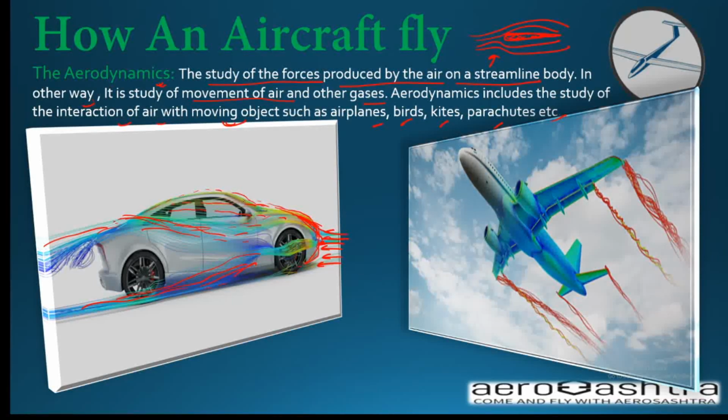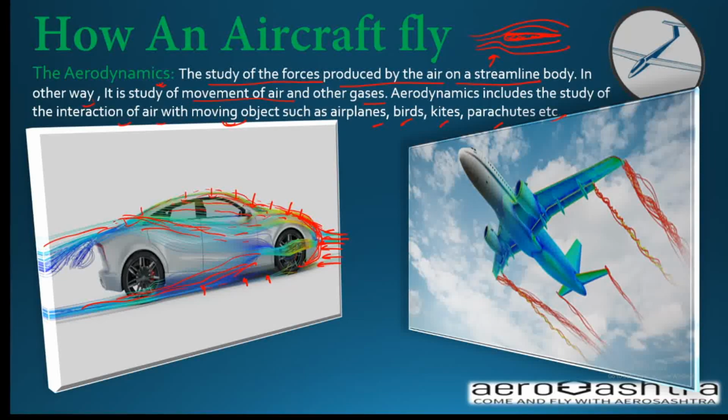Here you can pay attention. If the nose is like this, the flow will be very near to the surface. All the air flow is attached to the upper surface of the car, so it produces some forces.